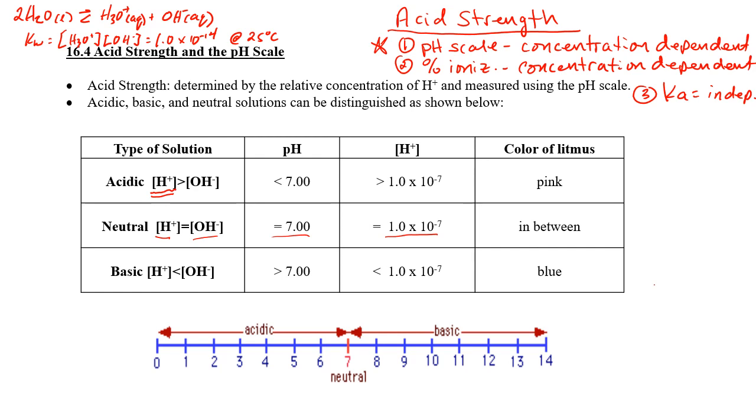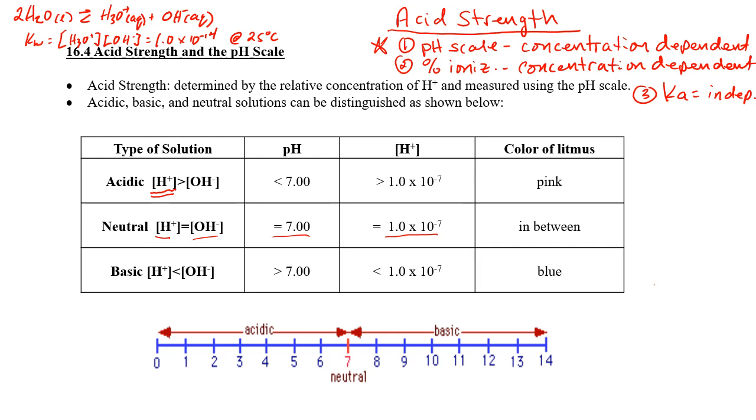And the color of litmus paper will be relatively neutral. On the orange litmus paper that you used earlier this year, water would not change the color. So back to the acidic solution, we know that the H+ is greater than the hydroxide. The pH is going to be less than 7.